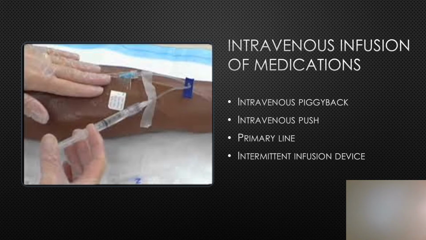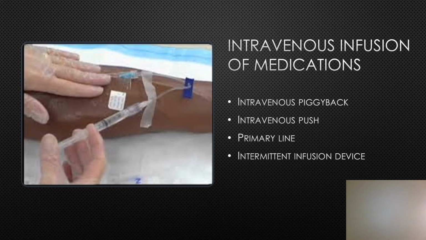If you have a locked device, use the same steps that I just described, except unclamp the extension tubing prior to aspirating and flushing. And then with that final saline flush, provide that positive pressure. In other words, you are holding down the plunger of the syringe while you clamp the extension tubing to help prevent the blood backflush into the catheter in the tubing.